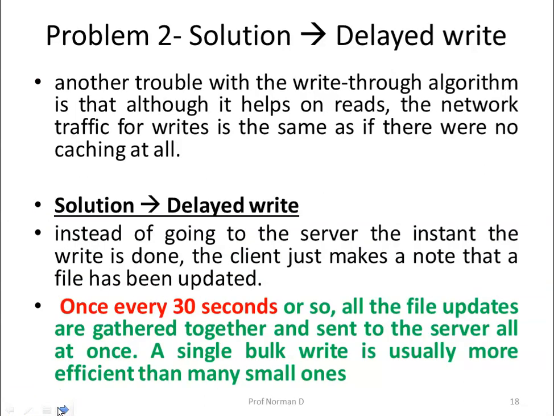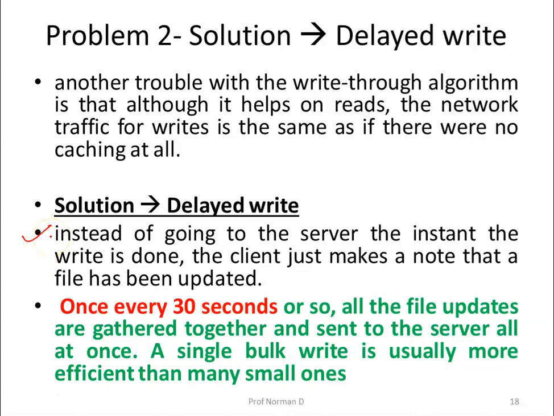Another trouble with this write-through algorithm is that although it helps on reads, the network traffic for writes is the same as if there were no caching at all. Now many system designers find this unacceptable and they do something called cheating. What is this cheating? Instead of going to the server the very instant the write is done, the client makes a note that a file has been updated.